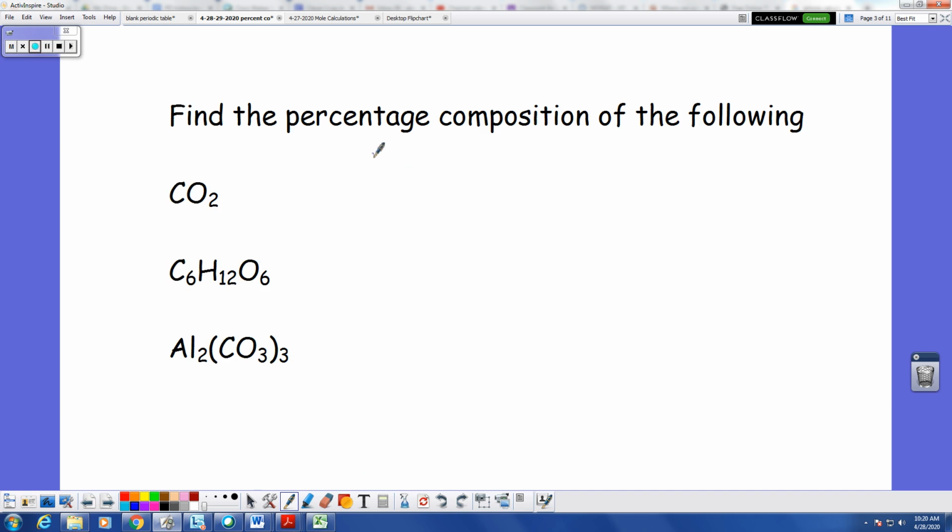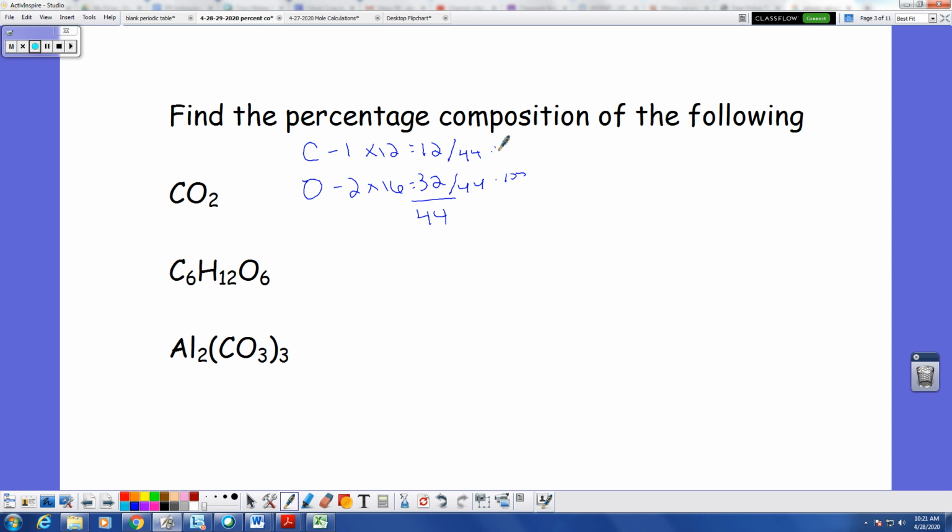Okay, so CO2: 1 times 12 and 2 times 16. That's 12 and 32. That's 44. So then you're going to divide each of them by the total.